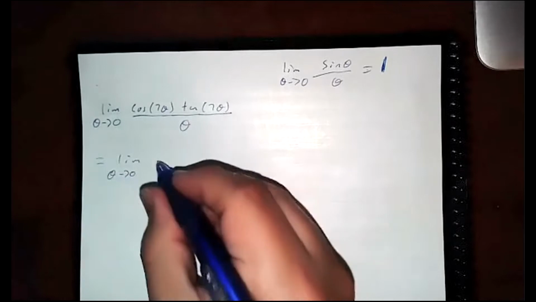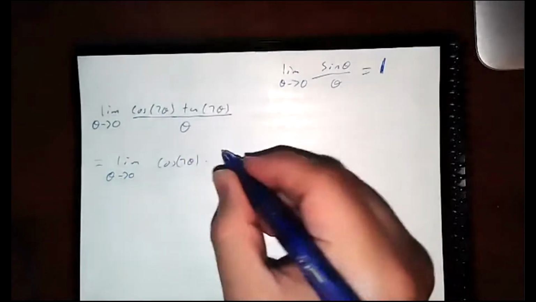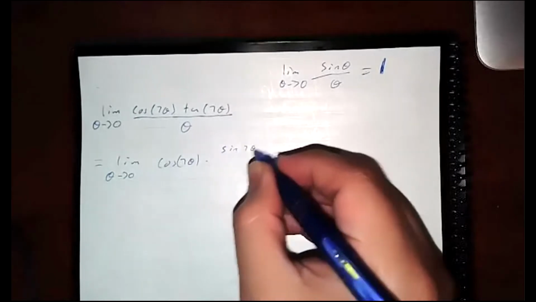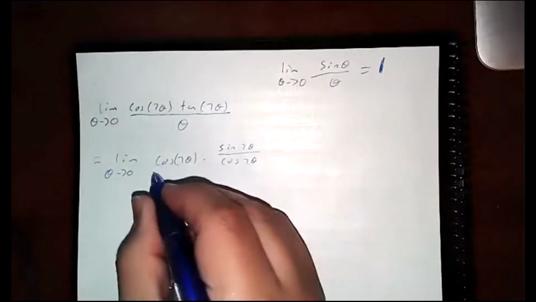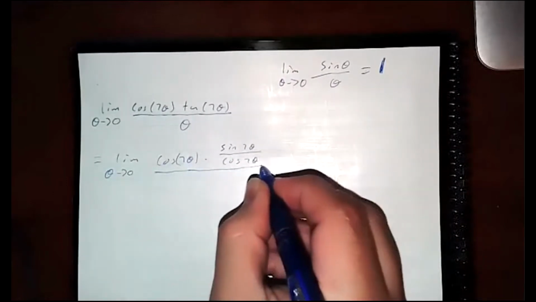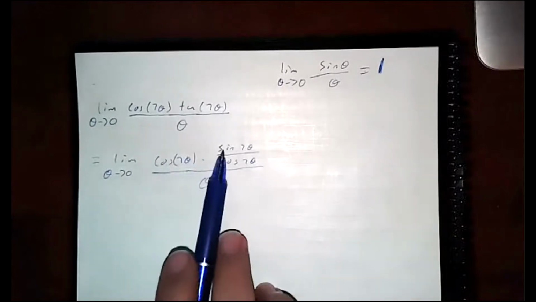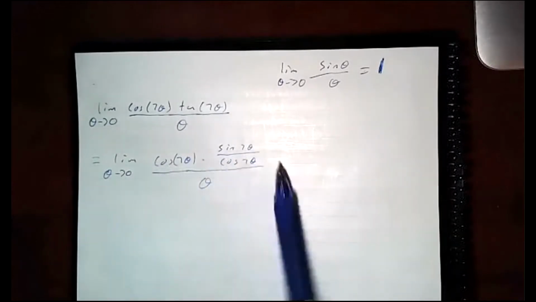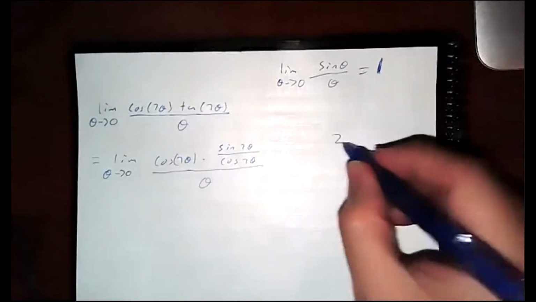So I'm going to change tangent into sine 7 theta over cosine 7 theta. You agree that's the same as tangent, right? So now you have cosine theta times sine 7 theta over cosine 7 theta. They will cancel, right? Because it's kind of like 2 times 1/2.